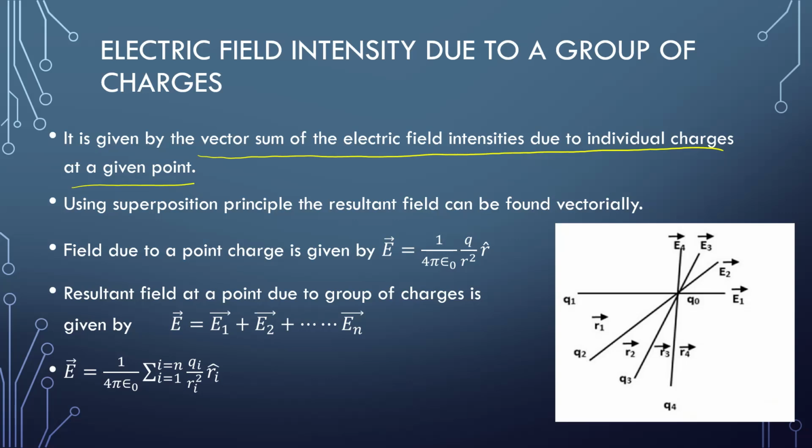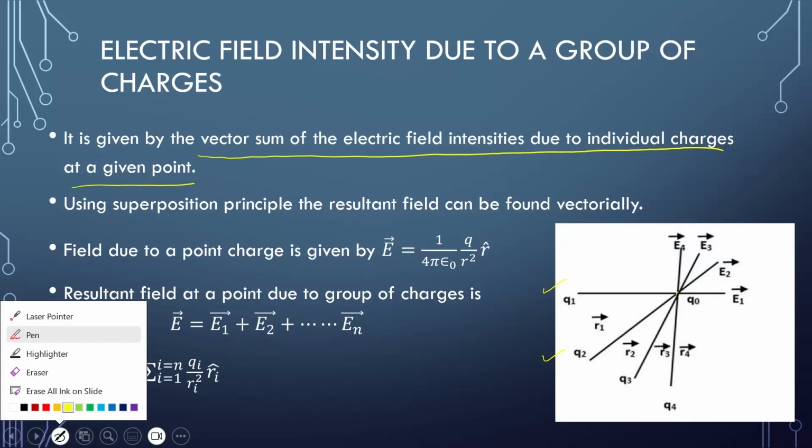Again, it is given by the vector sum of the electric field intensities due to the given charges at a given point. So suppose you have a number of charges Q1, Q2, Q3, Q4, etc., and there is a test charge Q0 at this particular point.